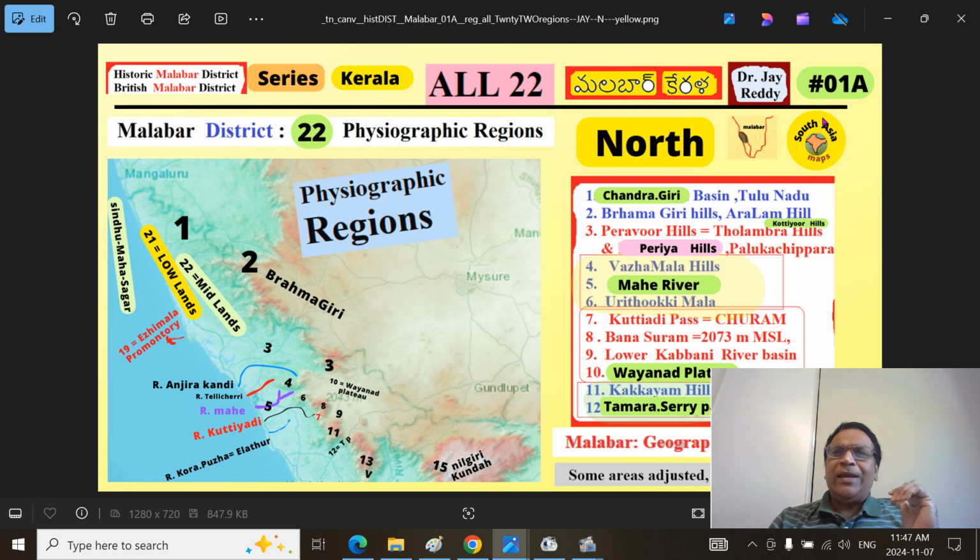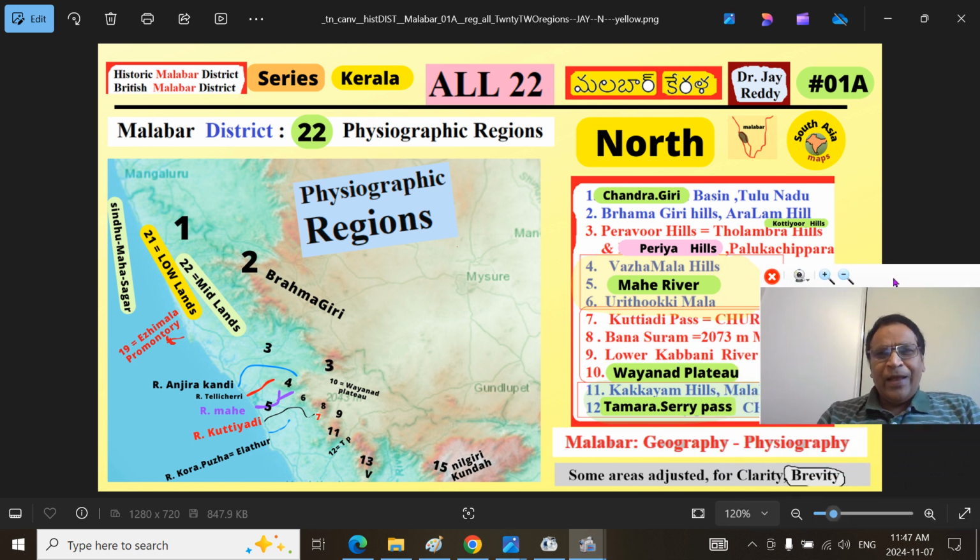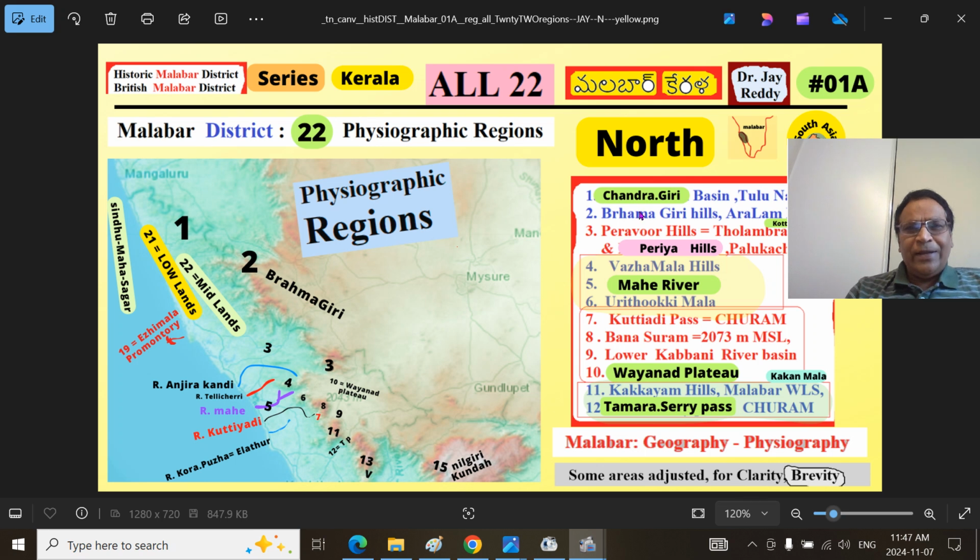In this first part, 01A, we will be talking about the physiographic regions. I have identified about 22 physiographic or geographic regions of Malabar, among which I will be delineating about a dozen or so in this first part.